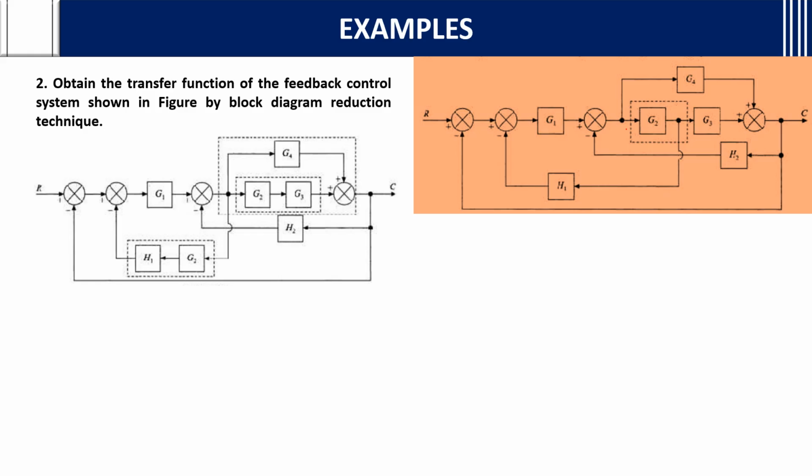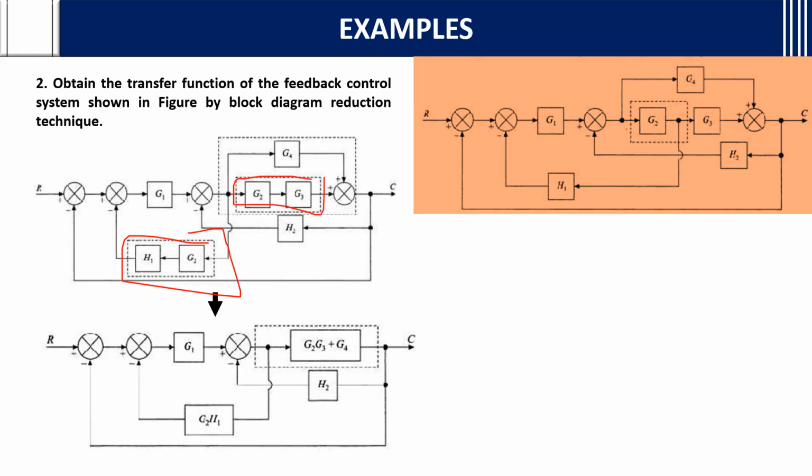You are shifting the takeoff point to the left side, so you should add G2 to that signal. So what happens? These two are in cascade form, so we can multiply. So G2 G3, plus again this G2 G3 in turn are in parallel.